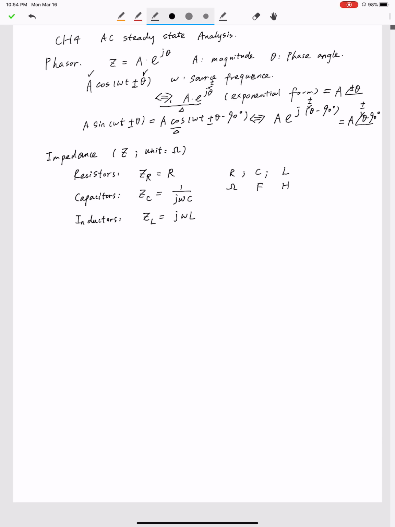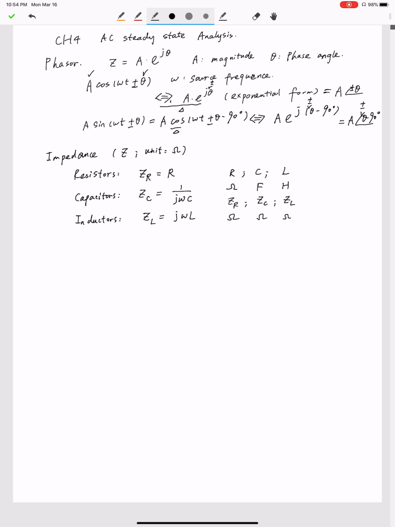However, after you find the impedance of all components, in other words, you represent resistor, capacitor, and inductor with impedance, the unit becomes a single one, that is ohm.